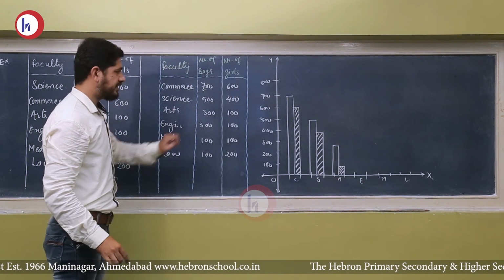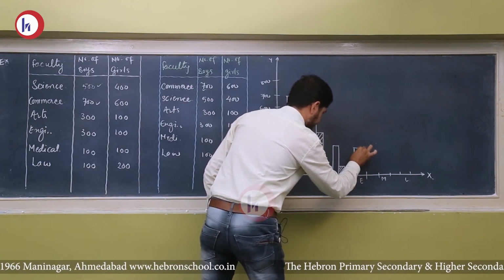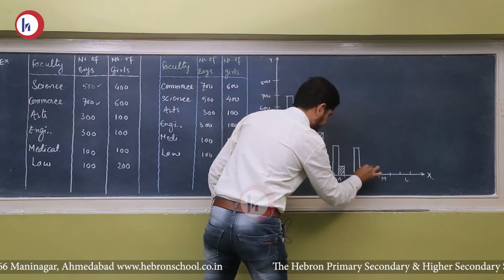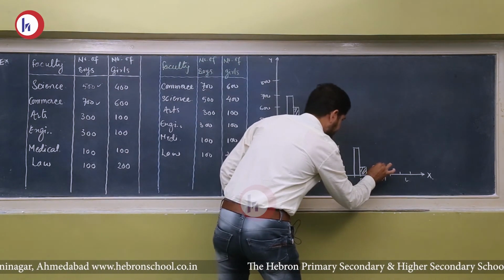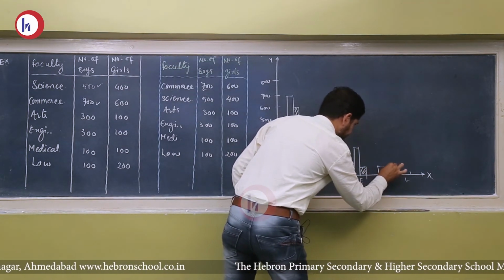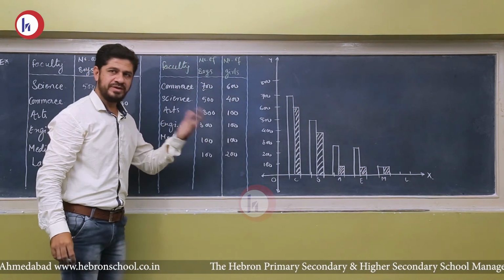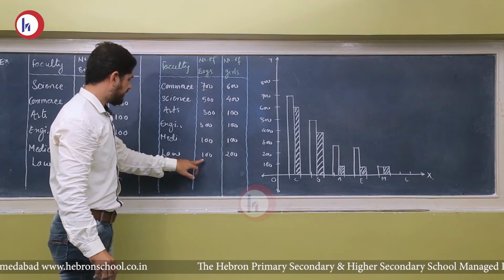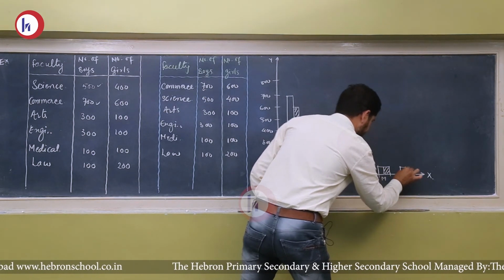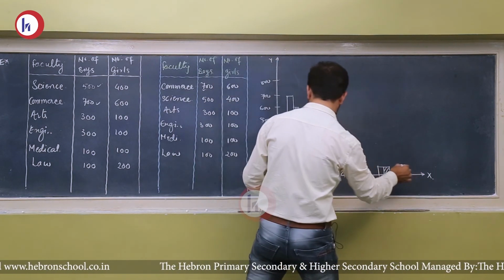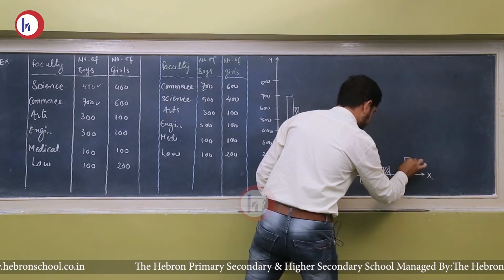In engineering again 300 and 100. In medical it is 100, for the half block it is boys, and for the remaining half block it is girls. And finally in law, the number of boys is 100 while the number of girls is 200.